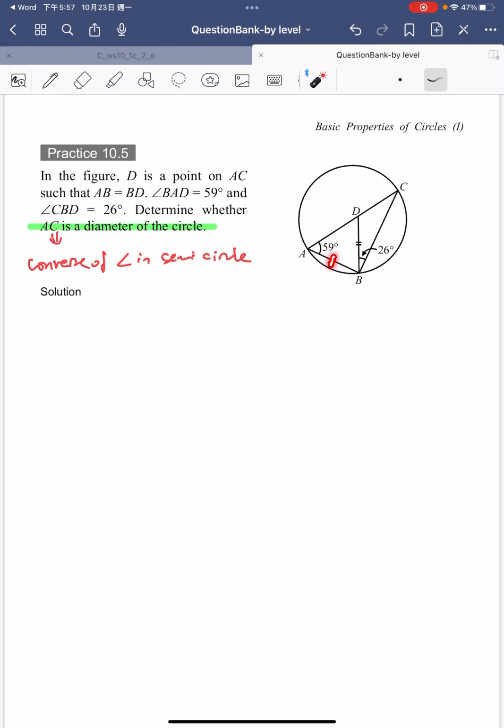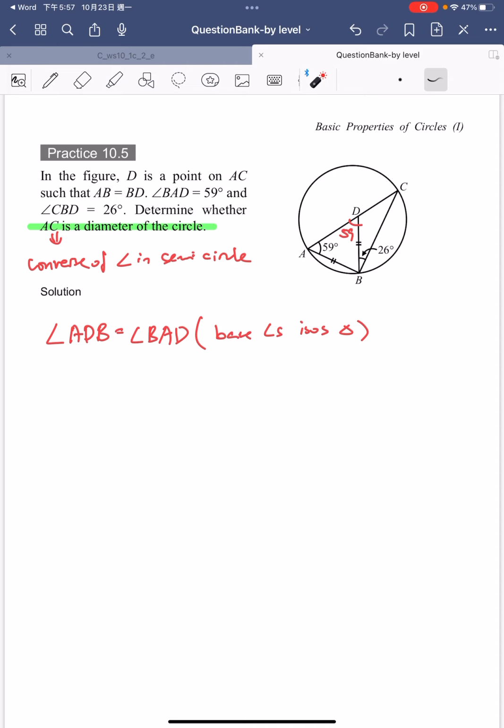So now we have these two lines are the same, so triangle ABD is isosceles, so the base angles are the same. So first of all, we can say the angle ADB is equal to the angle BAD, because they are base angles of an isosceles triangle. So this angle is equal to 59 as well.